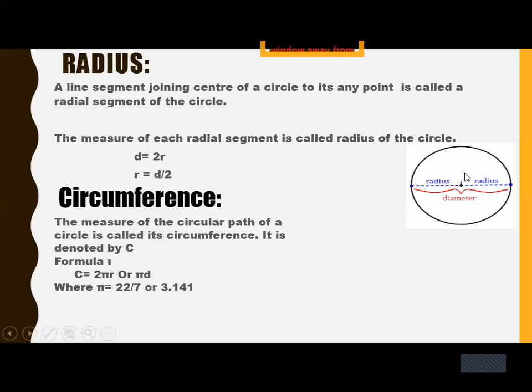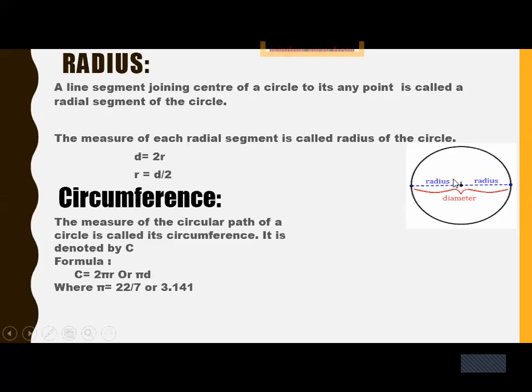The measurement of that radial segment is called the radius, the measure of each radial segment. For example, if from the center to this point the radius is 3 centimeter, then if I take the center to this other point, it is also equal to 3 centimeter.